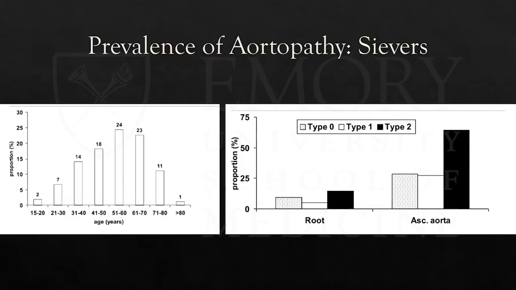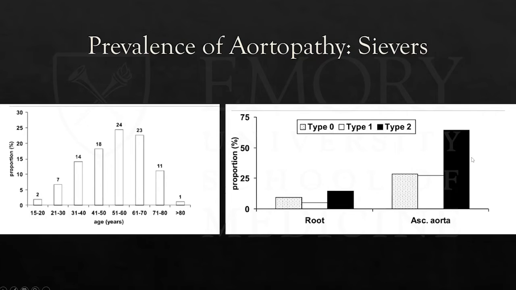Now, something that was also looked at and documented in the Sievers paper, but not often talked about, was the prevalence of aortopathy. So in addition to coming up with a classification system for the bicuspid aortic valves, he also looked at the aortopathy associated with each type. And again, we can see that somewhere in the middle decades of life, around 20 to 25% of patients are going to have some sort of associated aortopathy that needs to be treated.